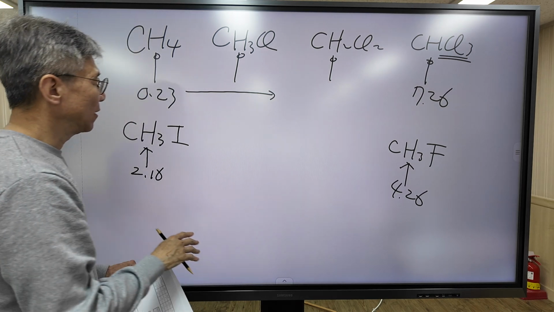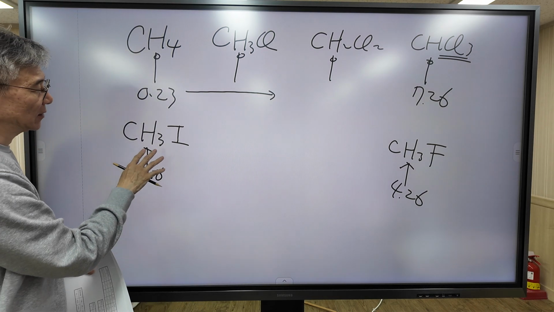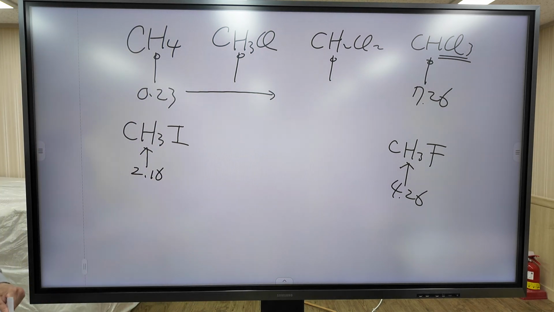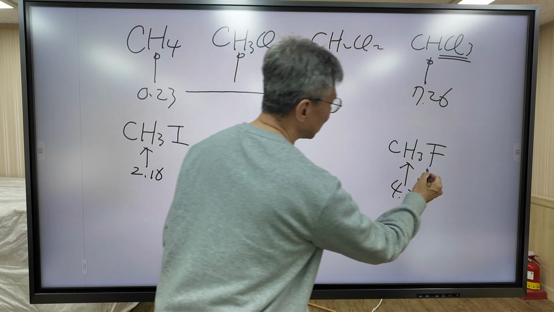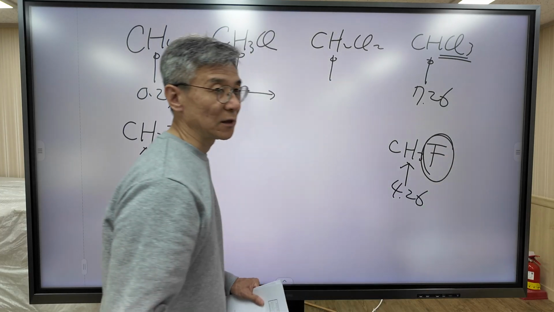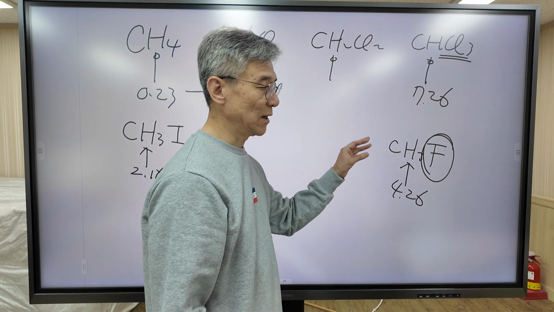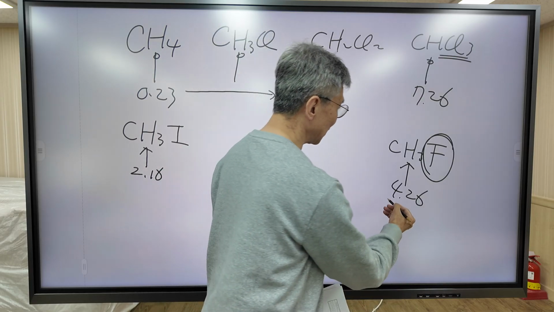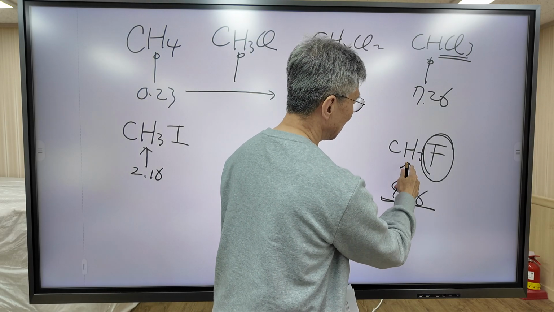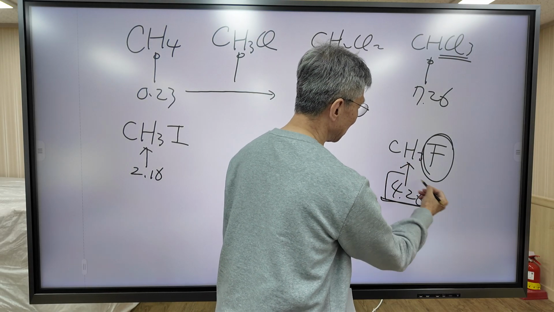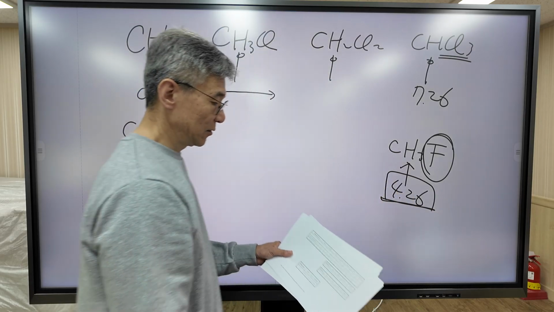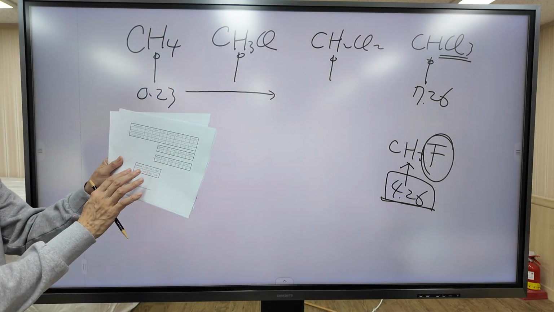In this table, all the molecules have halogen atoms, but as you know, the fluorine atom is the most electronegative atom. Fluorine atom withdraws the most electrons. So the chemical shift for this molecule is highest. So the important point is the last table.